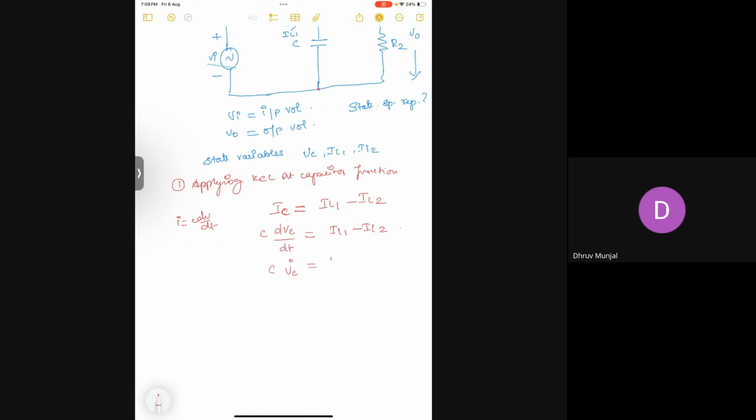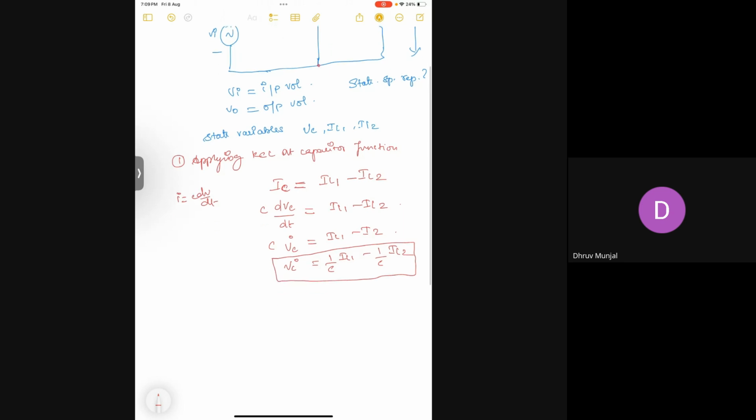That's why IL1 minus IL2, VC dot will be 1 by C IL1 minus 1 by C IL2. Now I have this one equation. Keep this aside. Now I'm going to use KVL.